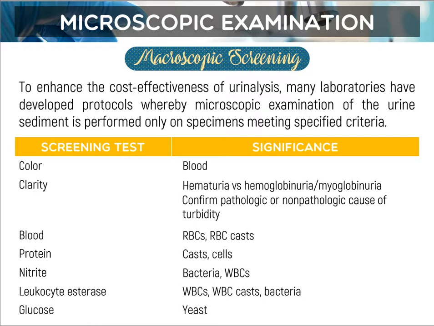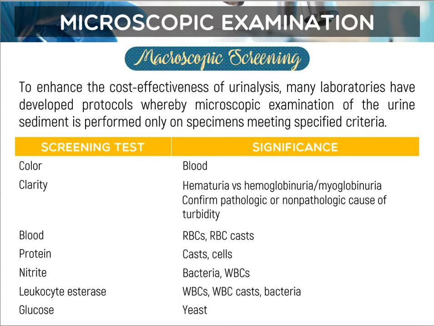Alright, so mao ni ang screening test. So, we look for the color. Iyang significance ani ang blood. Clarity kay imong hematuria or hemoglobinuria or myoglobinuria. And then this will also confirm pathologic or non-pathologic cause of turbidity. We also have blood, so its significance is your RBC and RBC cast.